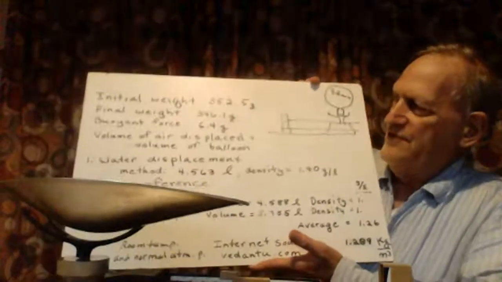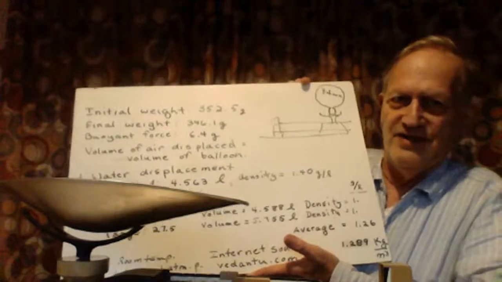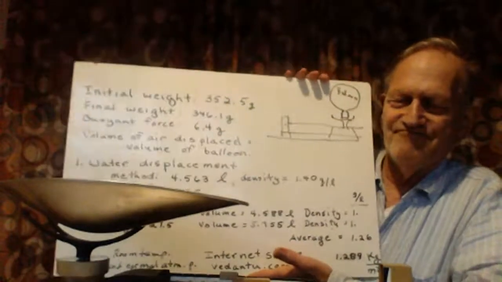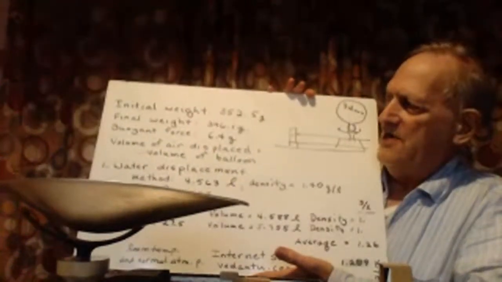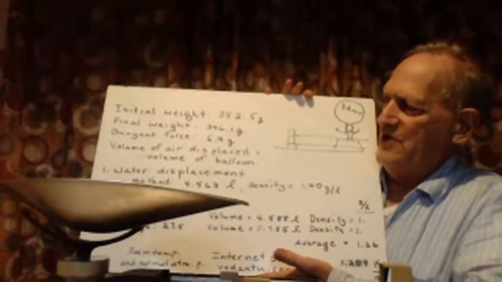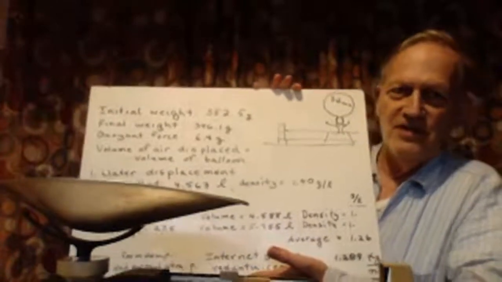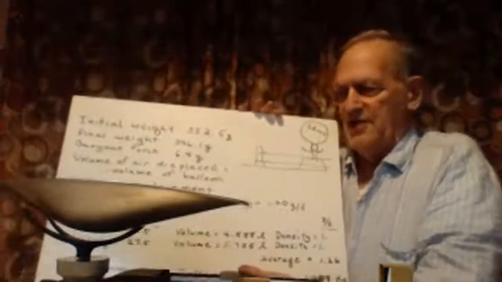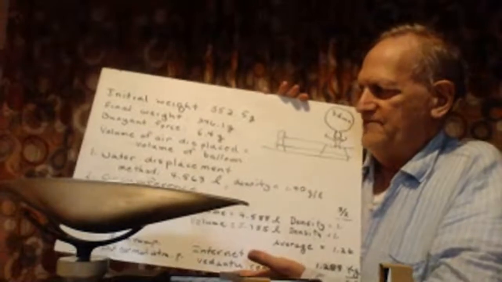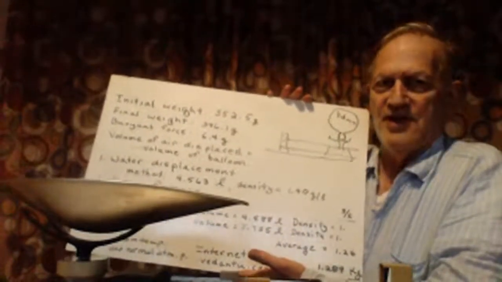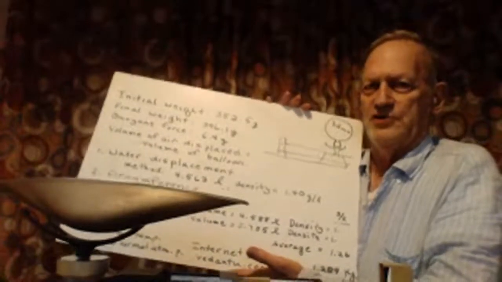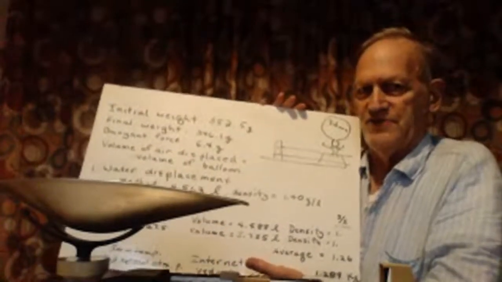The initial weight of the balloon and the apparatus was 152.5 grams, and the weight registered on the scale after the balloon had inflated was 346.1 grams. In other words, a buoyant force was introduced by the inflation of the balloon.